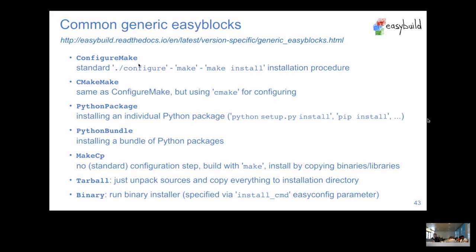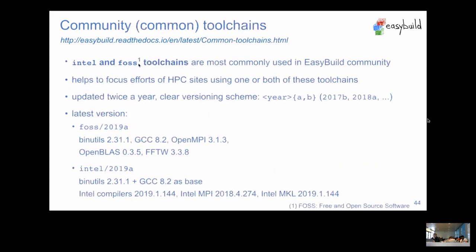The long list is mentioned in the documentation mentioned on top. And then for toolchains, we try to focus on specific toolchains a bit, just to focus the effort in the community. We have 2 toolchains that we call the common toolchains, which are the Intel compilers, MPI and MKL, and then the foss toolchain, which is everything open source: GCC, OpenMPI, OpenBLAS, and FFTW.